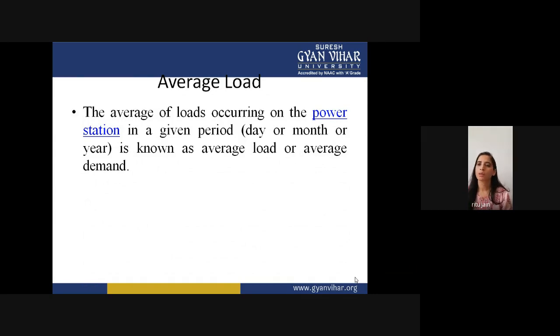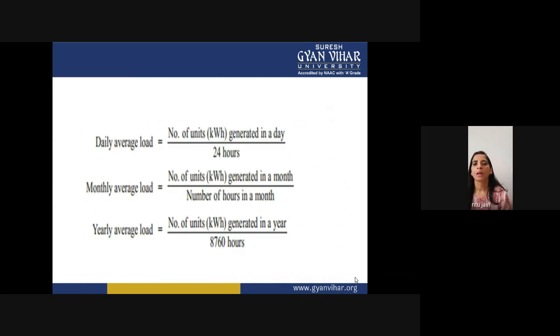Now next we come to the next point, that is your daily average load. This is the formula for your daily average load, which is equal to the number of units generated in a day divided by 24 hours. Like this, your monthly average load is equal to the number of units, kilowatt hours, generated in a month divided by the number of hours in a month.